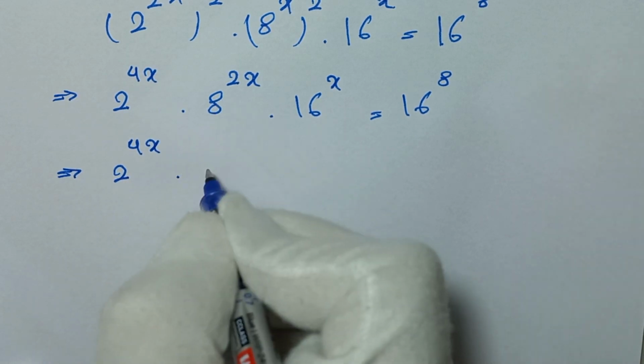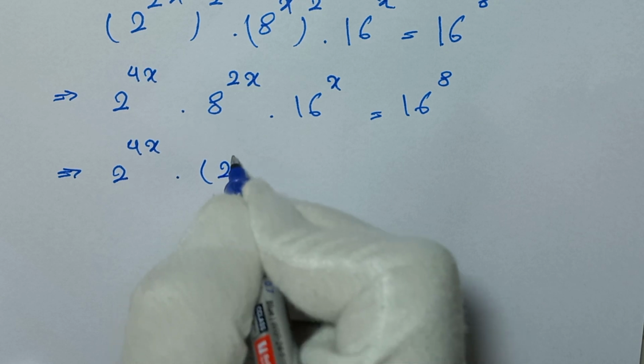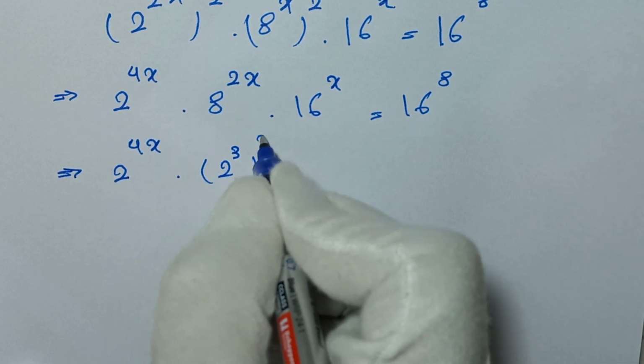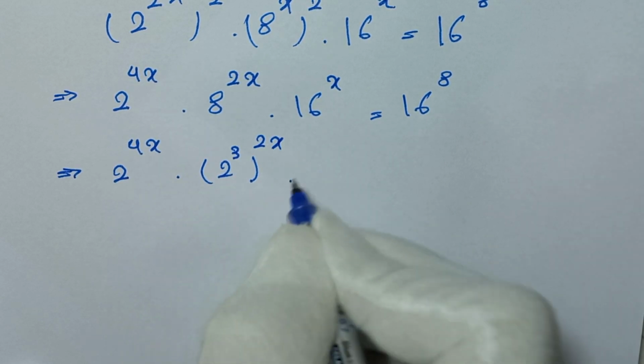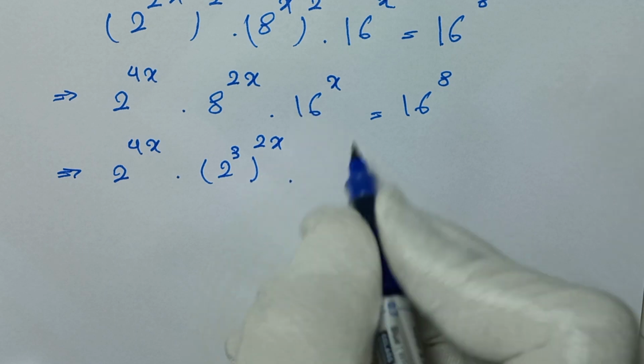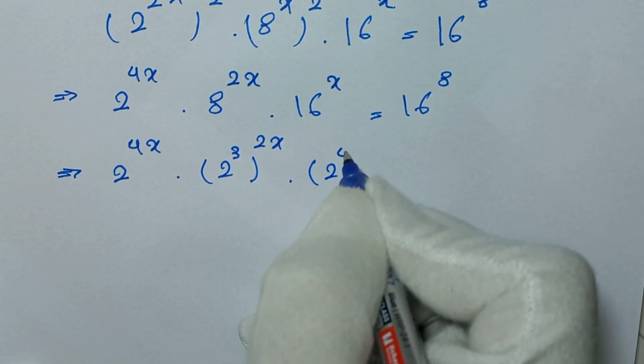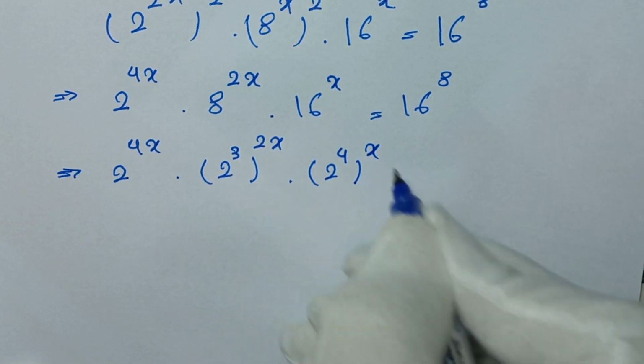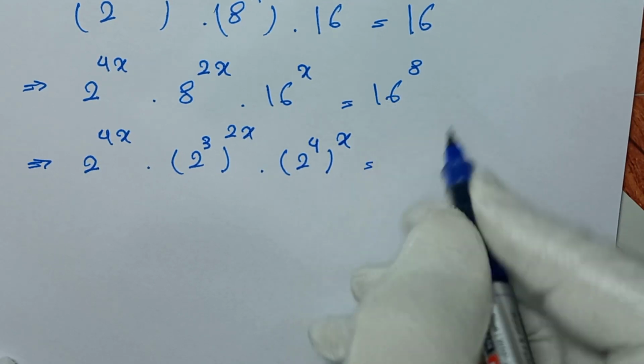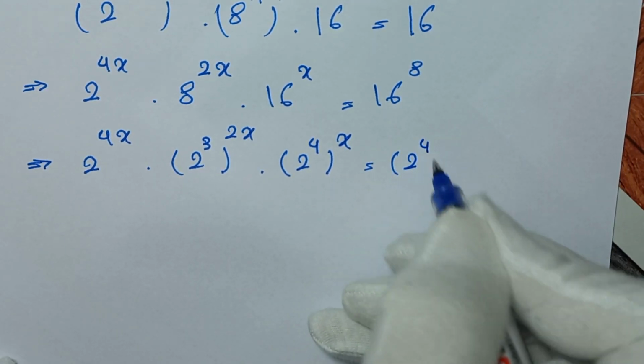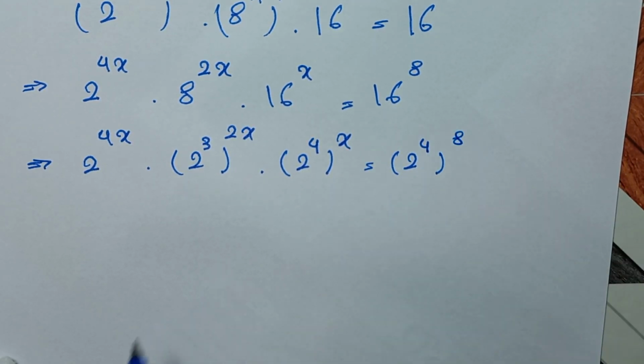And in next step, it will be 2 to power of 4x, and times, in here we can write this 8 as 2 to power of 3 and to power of 2x, right? And here we can write this 16 as 2 to power of 4 and to power of x is equal to, also in here we can write this 16 as 2 to power of 4 and to power of 8.